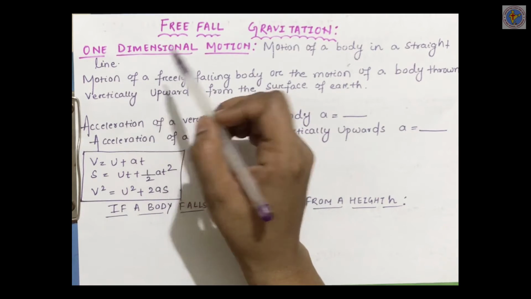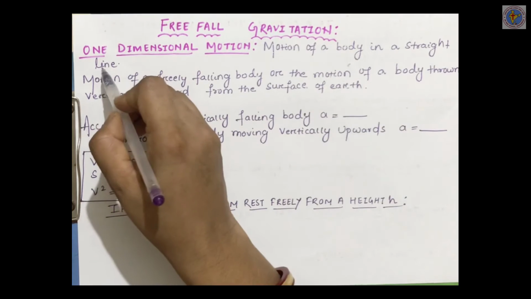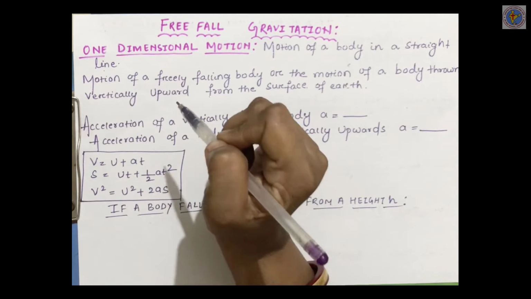Children, what do you mean by one-dimensional motion? Motion of a body in a straight line is called one-dimensional motion.